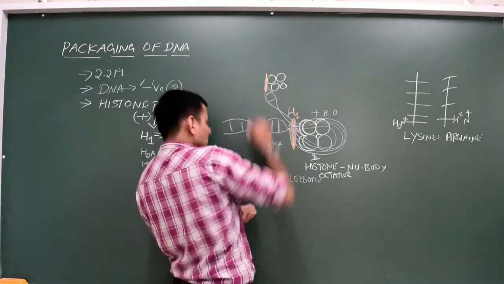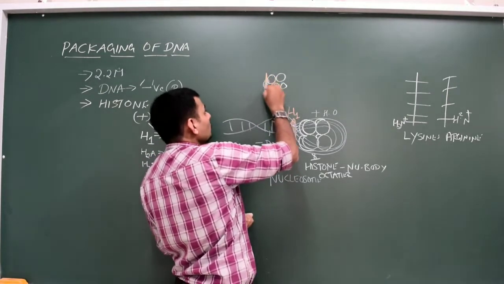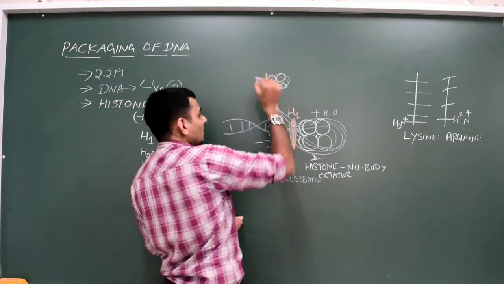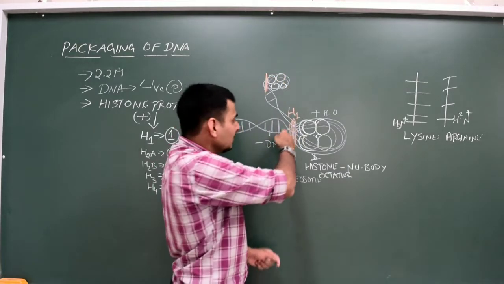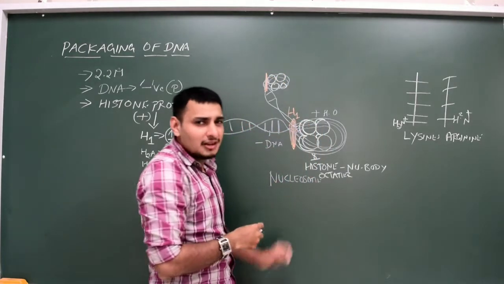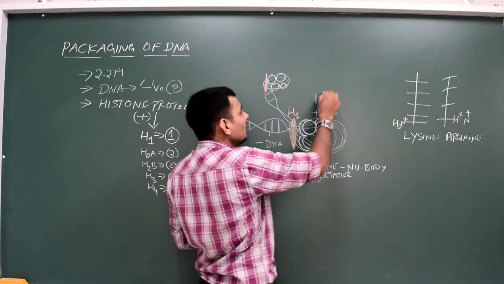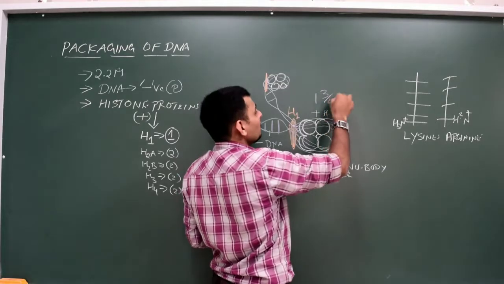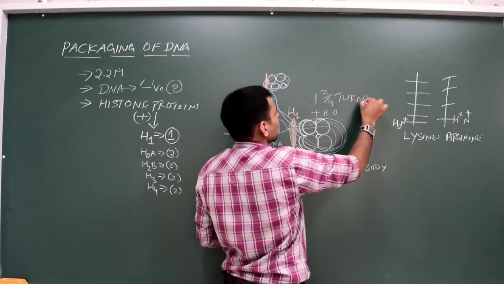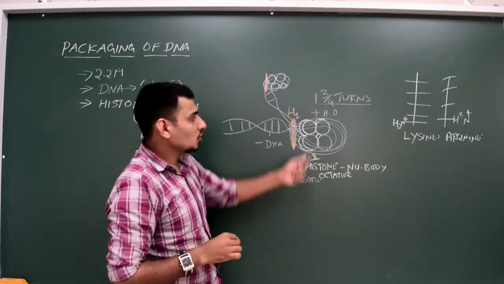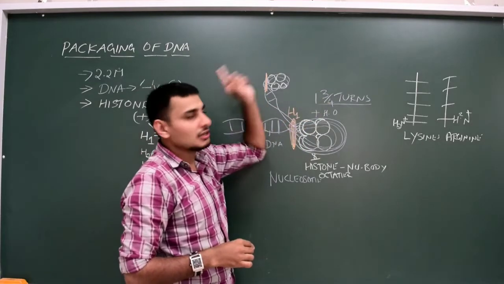H1 now brings this DNA to this histone octamer. The DNA that wraps around the histone octamer will not complete the full 2 turns. Instead, it will complete only 1 3/4 turns. Just remember this.